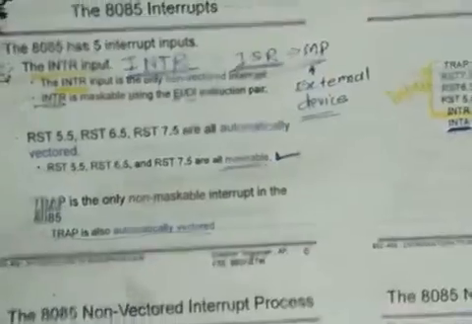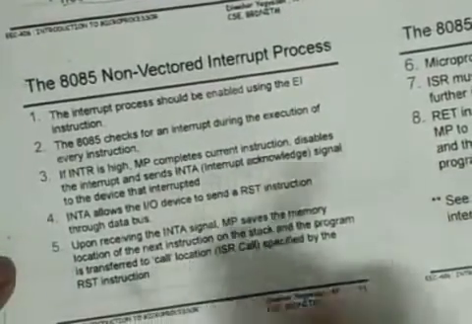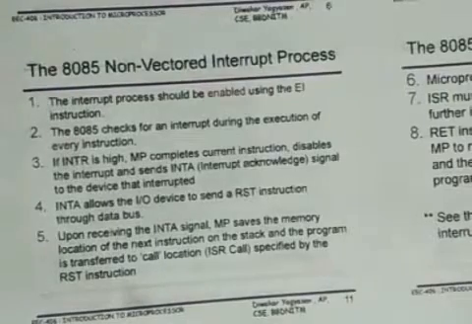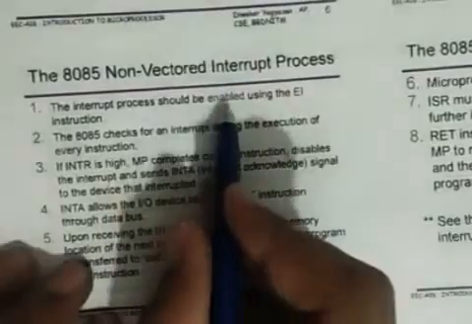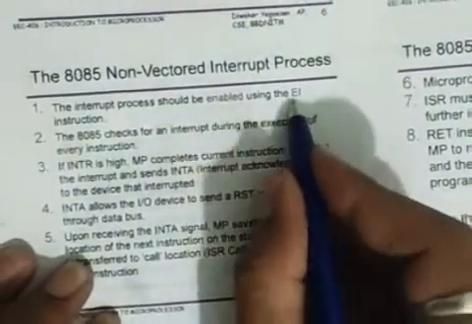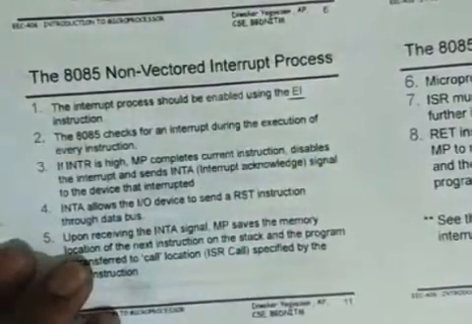Now, the 8085 non-vectored interrupt process can be enabled using the EI instruction, that is the enable interrupt instruction.